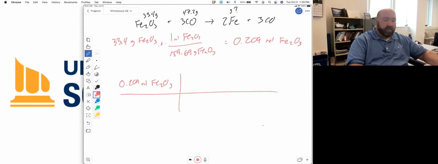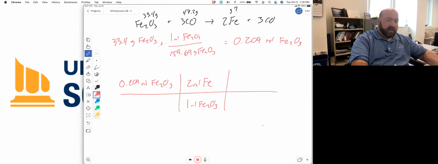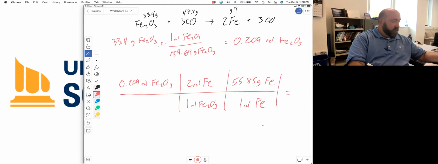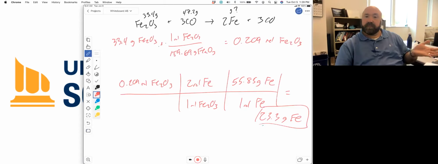Now we're starting with moles, so we use our molar ratio of 1 mole of Fe2O3 to 2 moles of Fe, then 55.85 grams of Fe to every 1 mole of Fe. And sure enough, that once again gets us to 23.3 grams of Fe.